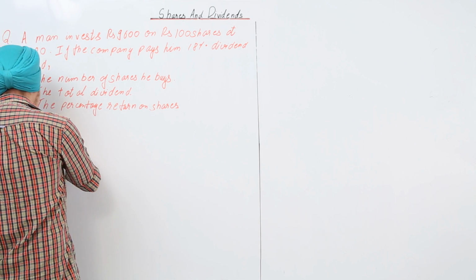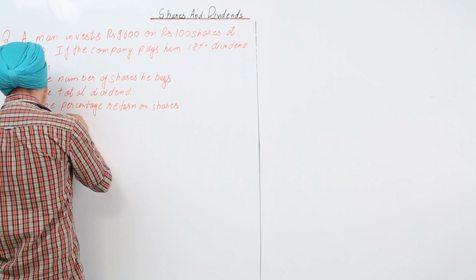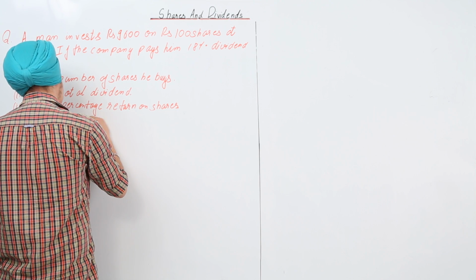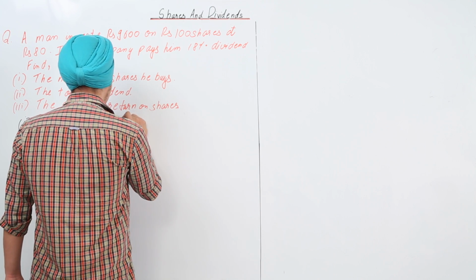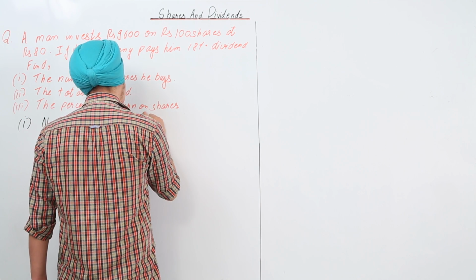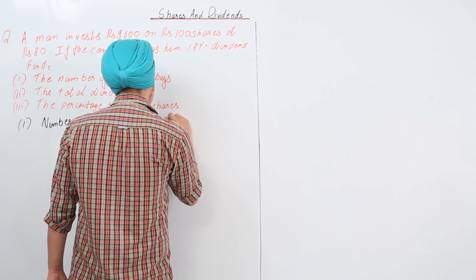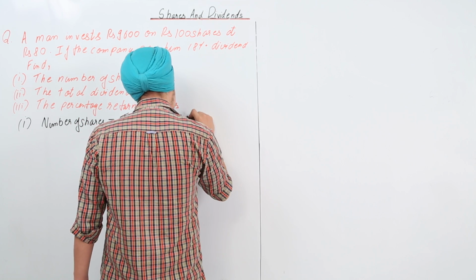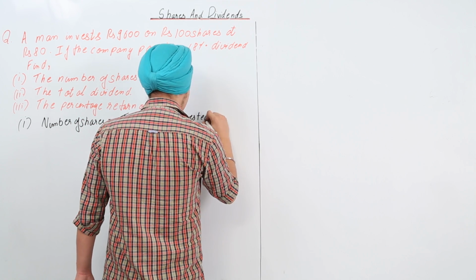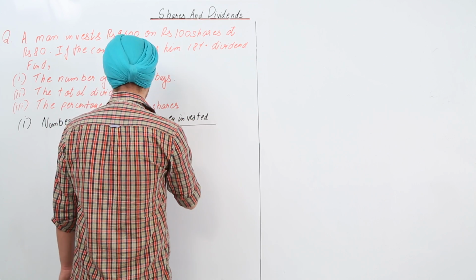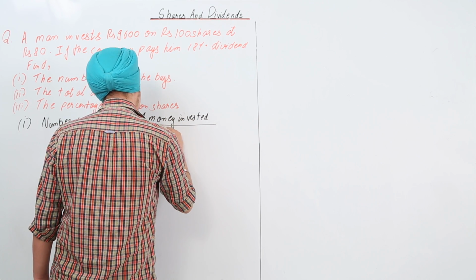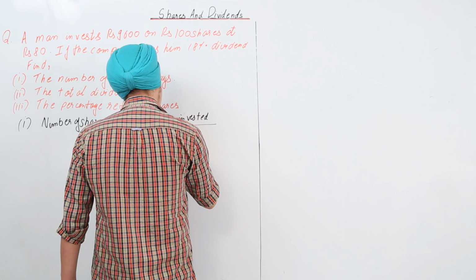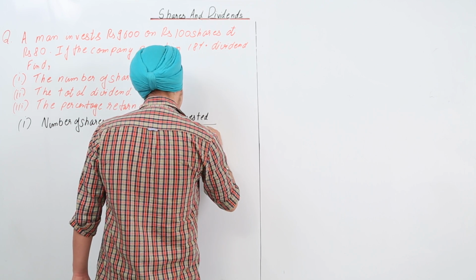So the number of shares is equal to total money invested divided by the market value of one share.